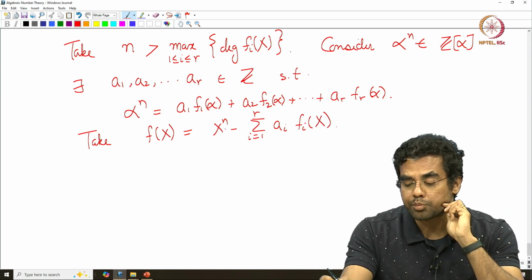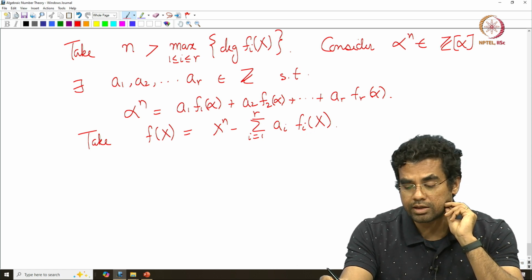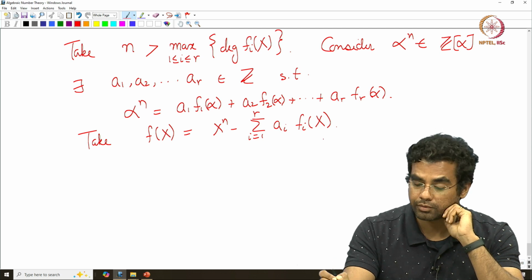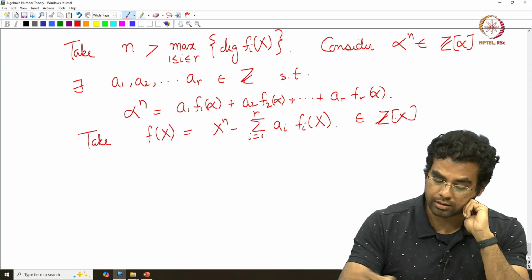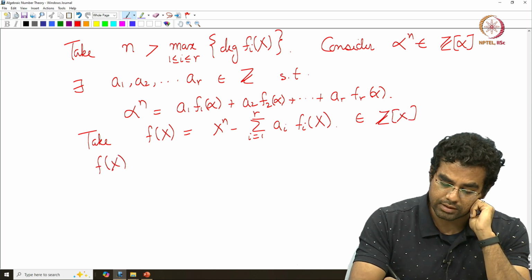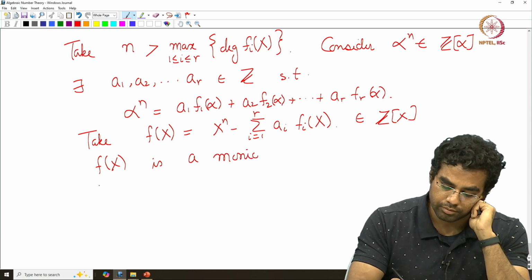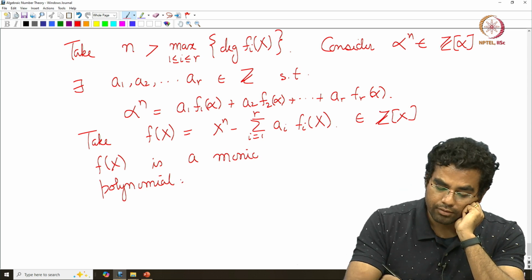Because my n is bigger than the degree of any of these fi's, this x to the n is not cancelled by any term in the second part. So, this is in Z[x], and f(x) is a monic polynomial.